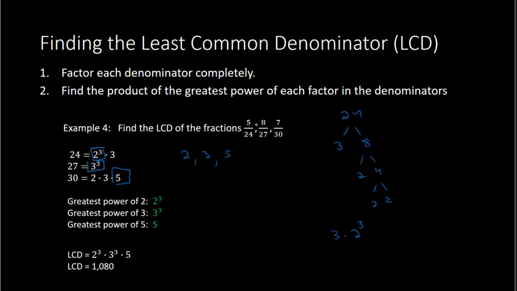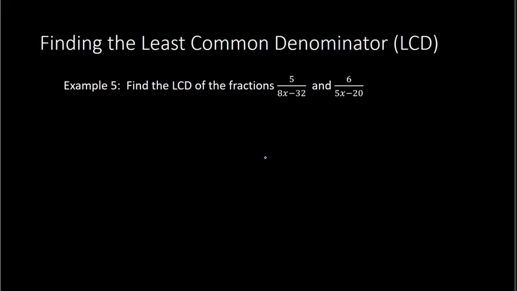But the concept is exactly the same with variables and variable expressions. So here we see 5 over 8x minus 32 and 6 over 5x minus 20. So like we said in the last example, we need to factor down the denominators.